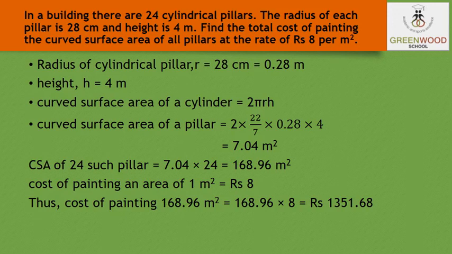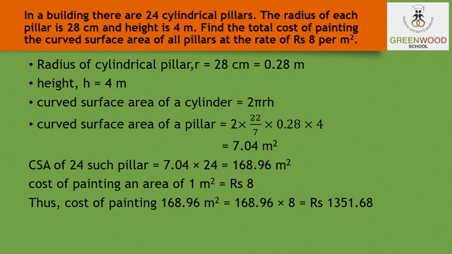Now we know the formula of curved surface area of cylinder, that is 2πRH. On solving this, we get the curved surface area of one pillar as 7.04 meter square. Now we know there are 24 such pillars, so total area would be 7.04 into 24, that is 168.96 meter square.